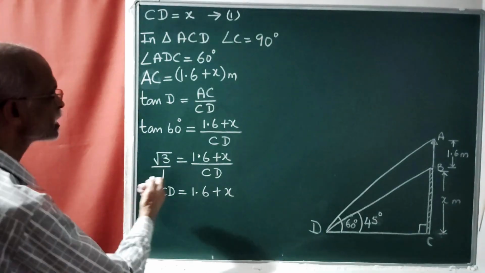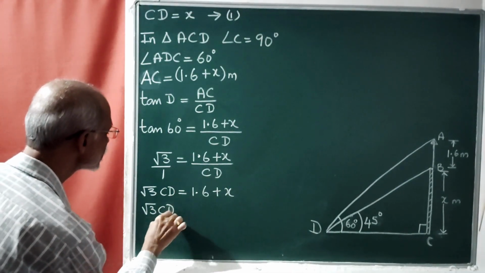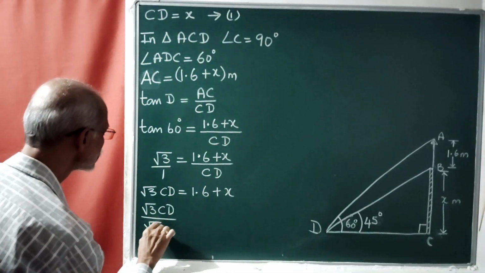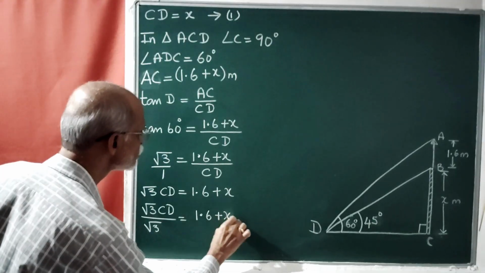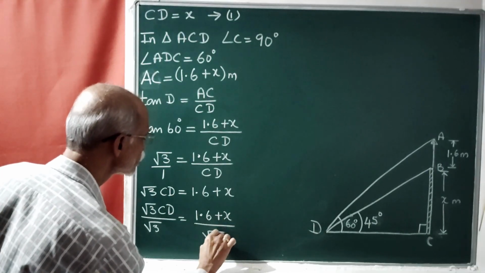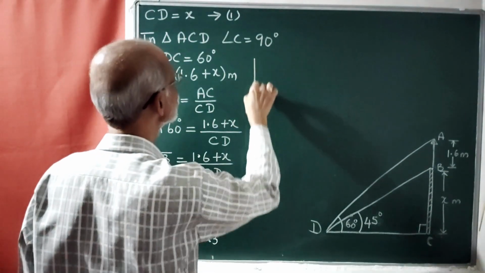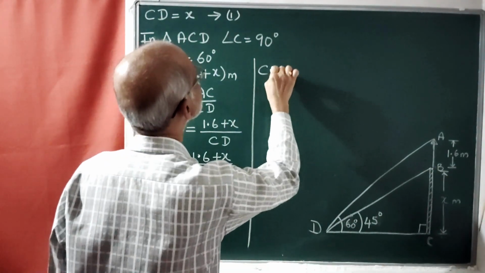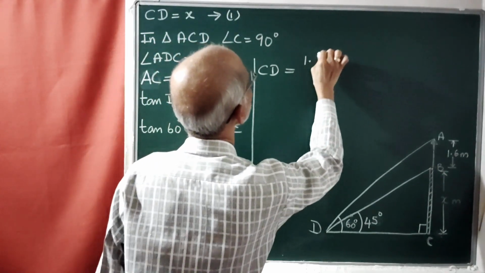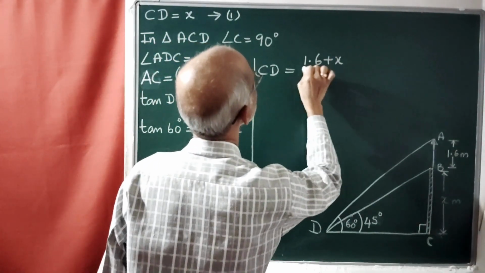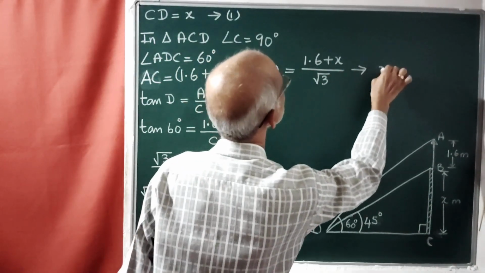Now if I divide both sides by root 3, the root 3 gets cancelled, so CD will be equal to 1.6 plus x by root 3. This is equation 2.